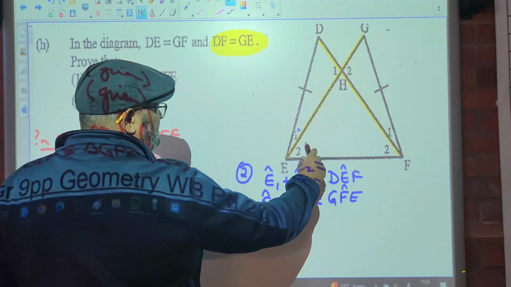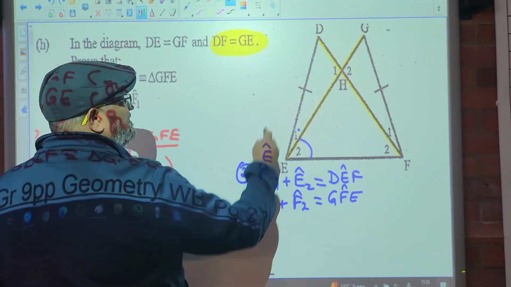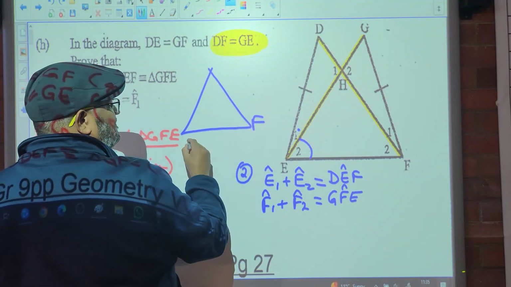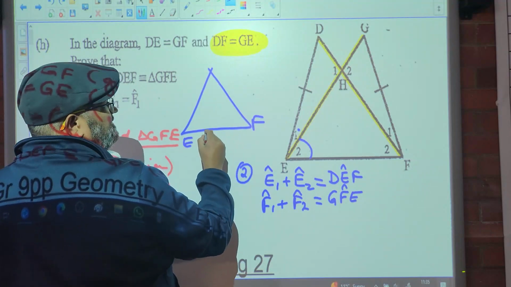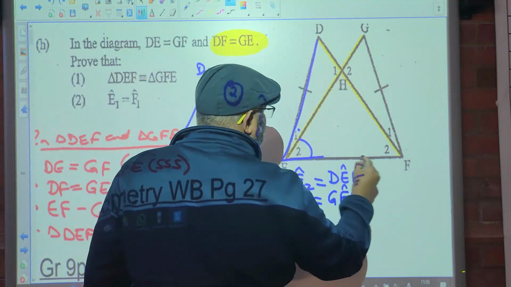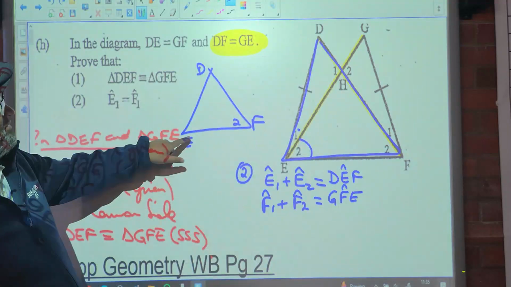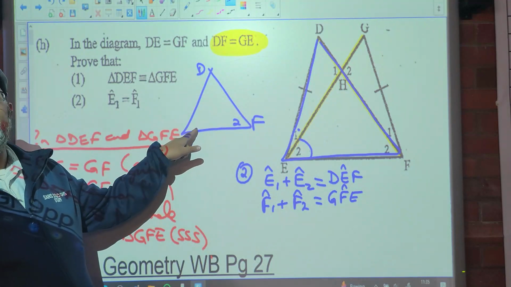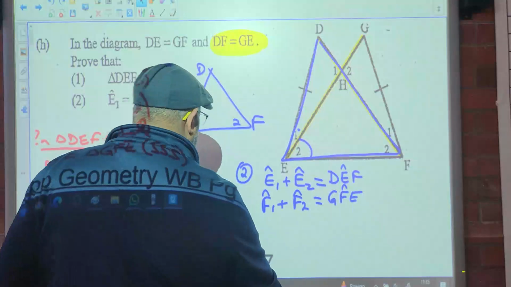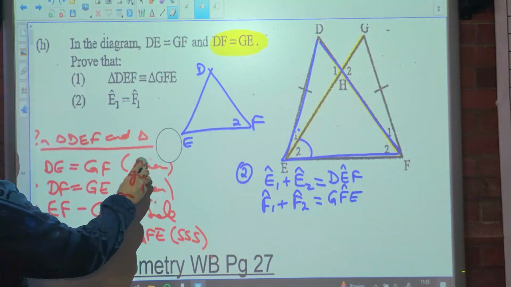Now, E2. Remember, in this triangle, we have a triangle looking like this. That was F, E, D. Remember, this is F2. For this triangle here, this angle is made up of E1 and E2.